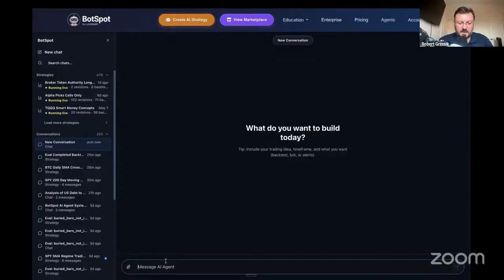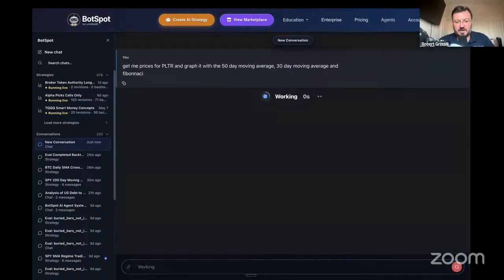So I'd type in something like, get me PLTR and graph it with the 50-day moving average, 30-day moving average, and Fibonacci. If I hit enter here, this is not going to work right now, but I think by next week we can get it to work.